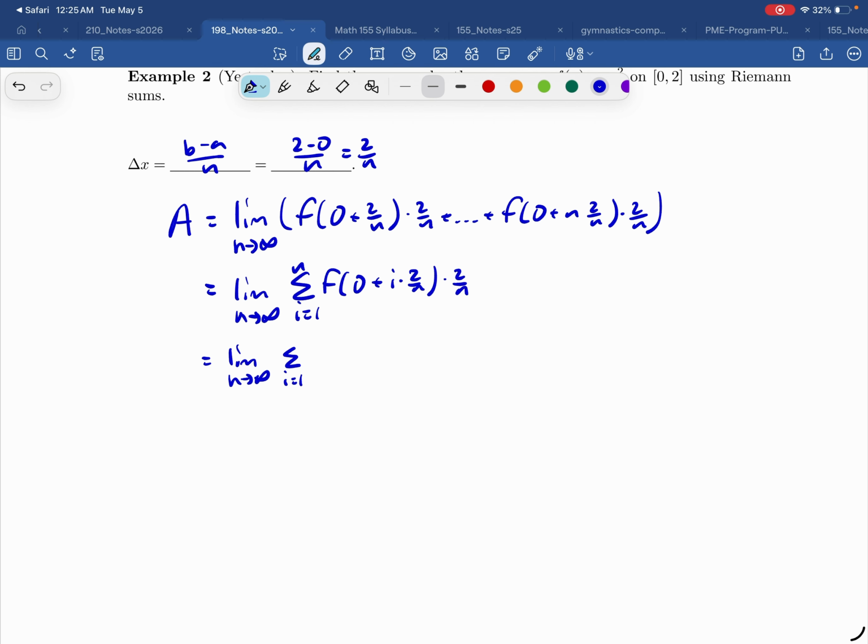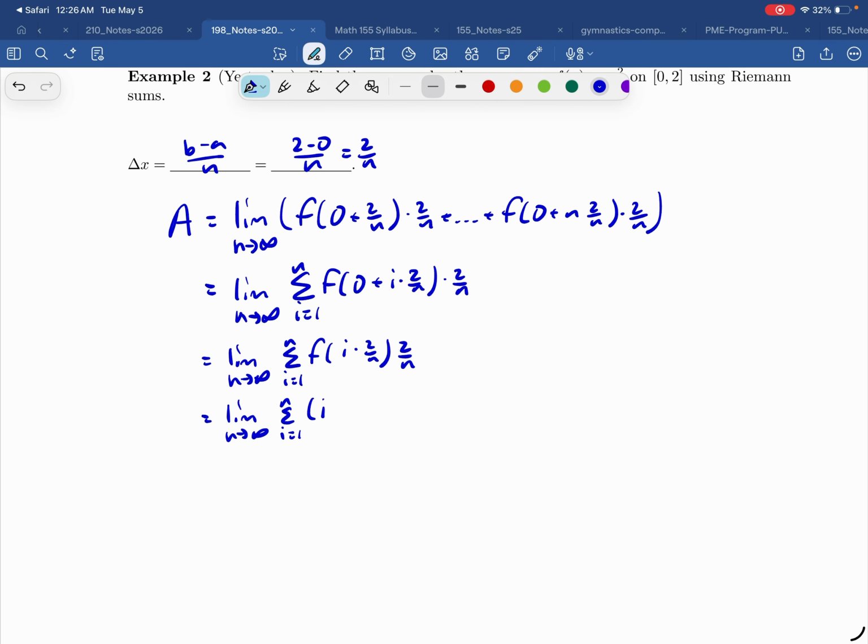This is the sum from i equals 1 to n of, so it turns out, do you see that because it's f of 0 plus that, we can just get rid of the 0 plus, and we have i times 2 over n. Anyway, keep it up. We know what f of x is, it's x squared.